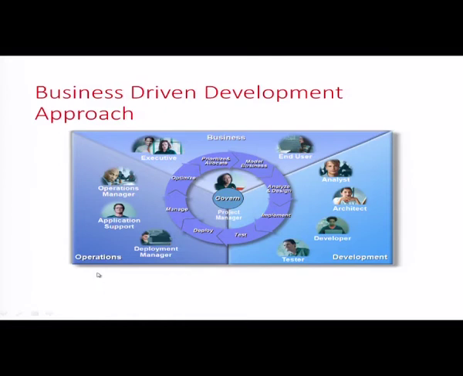So in summary, the business driven development approach needs to understand how the development team will quickly link business and operations. This is a significant advantage of use case driven approach, and object oriented analysis right from day one has been promising that that can be the first step.